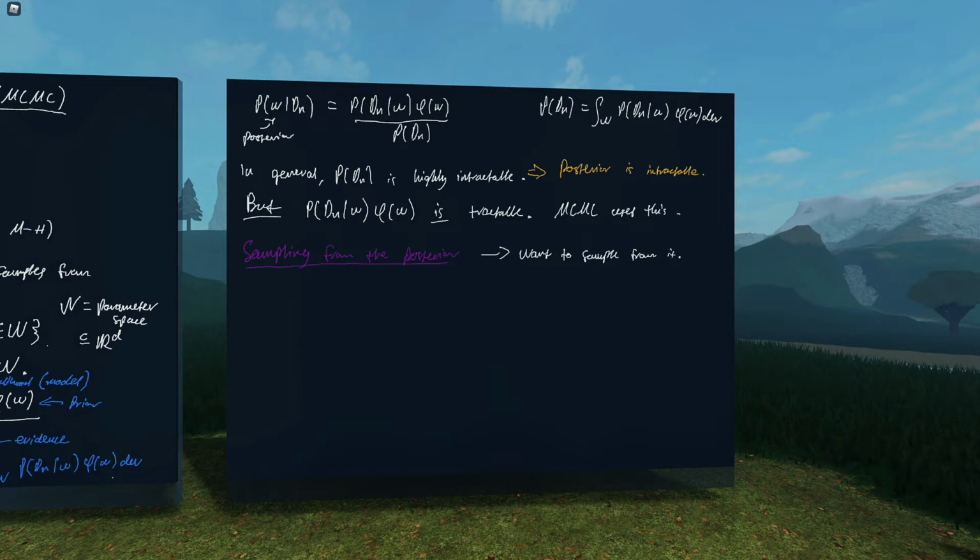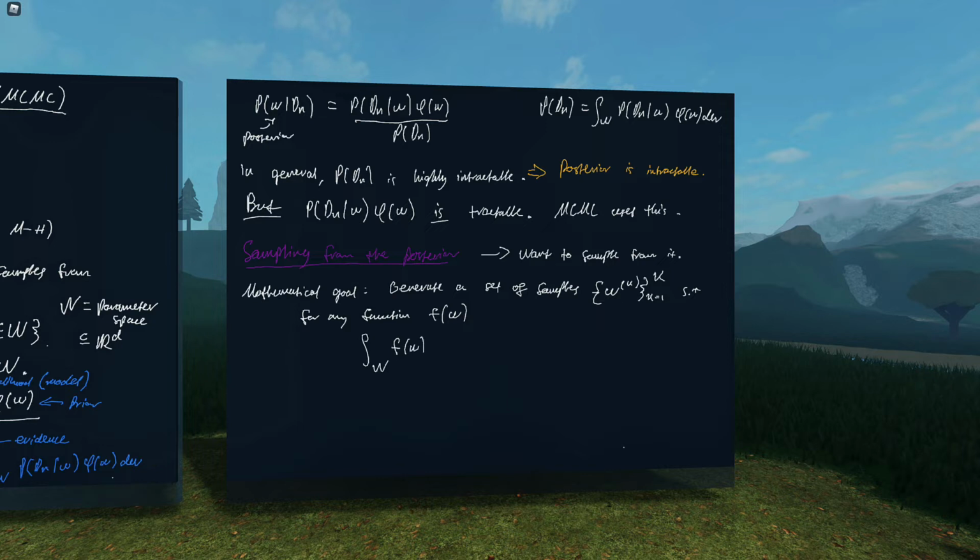So the mathematical goal of Markov Chain Monte Carlo, or just sampling from the posterior in general, is to generate a set of samples of parameters, which I will denote with a superscript k, such that for any function on the space of parameters, any f of w, we have the following.